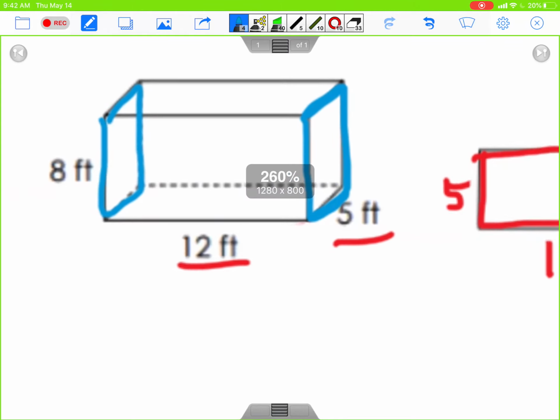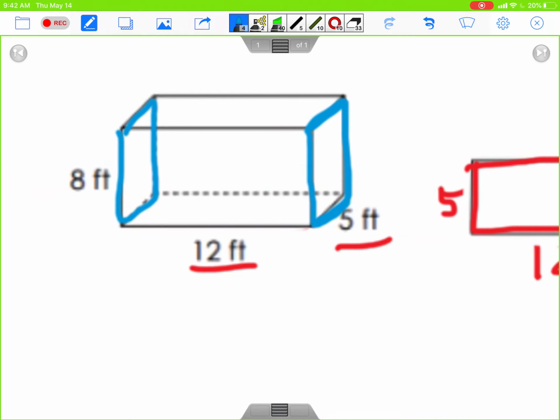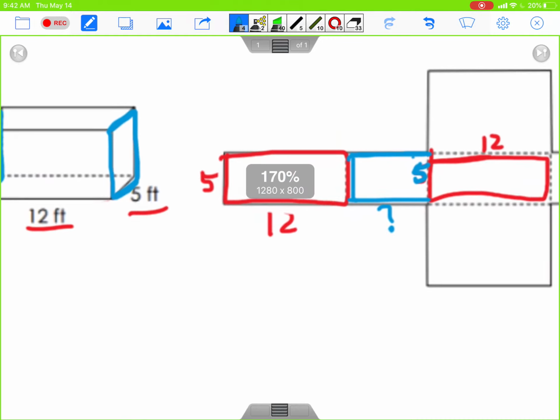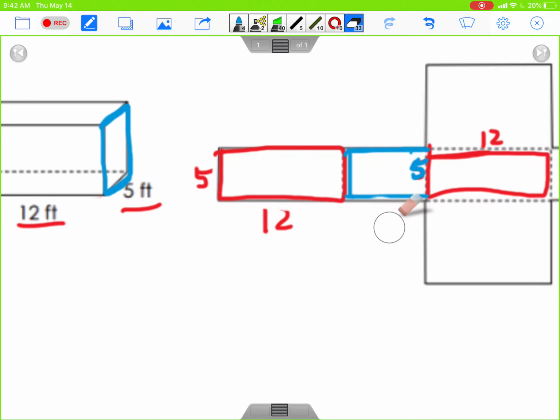I look at the blue rectangles I just used. On this side right here, I'll draw it longer just so you can see what I'm talking about, it tells me that side is 8. So that means our missing side is also going to be 8. Now we're done with that rectangle.